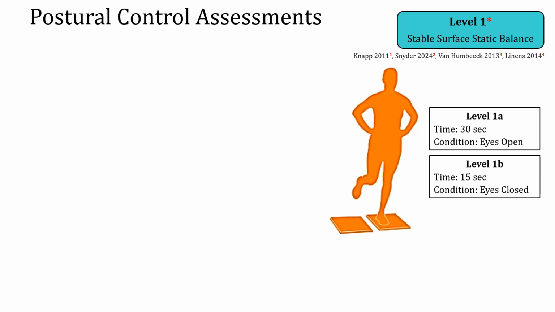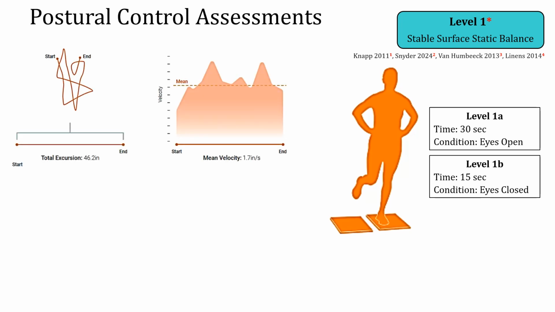Level 1A here would be eyes open. Level 1B would be eyes closed for the appropriate amount of duration of time if you're using force plate as shown there. And the metrics that we would look at would be total excursion, which is the path of the center of pressure over time. So the shorter the distance, the more stable the individual.